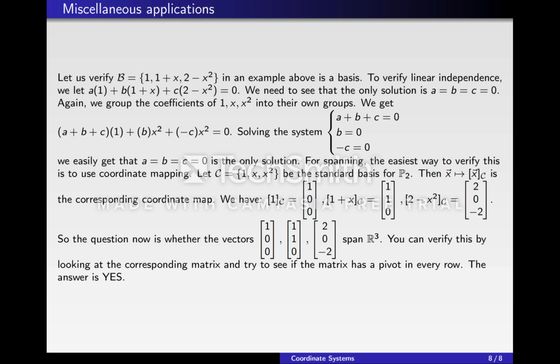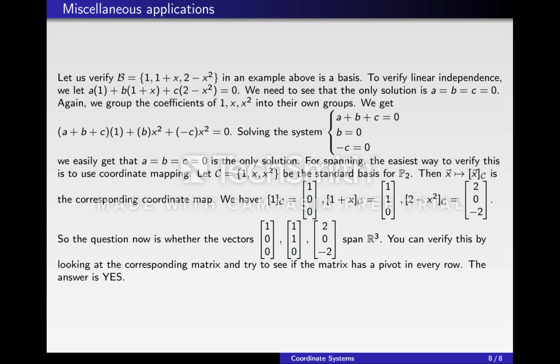For spanning, it's probably a little bit easier to verify using the idea in the previous slide. So use the coordinate mapping. What I'm going to do is map the vectors in B to their coordinates relative to the standard basis C for P2.